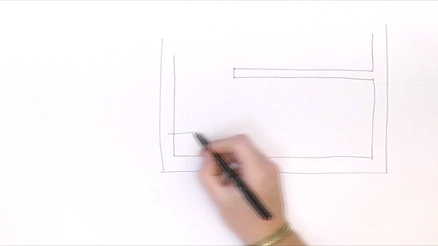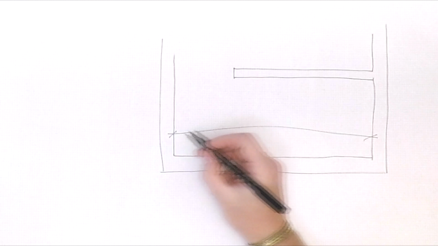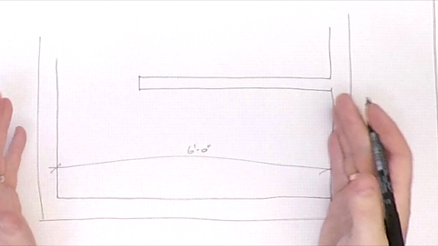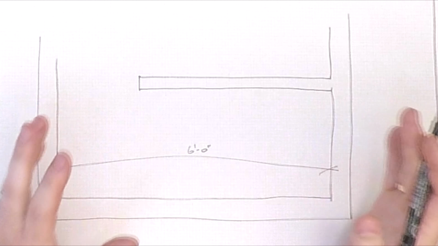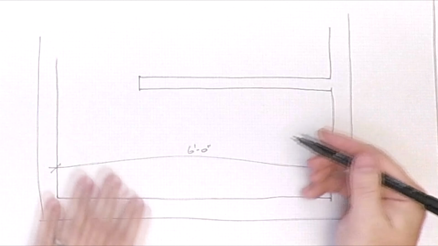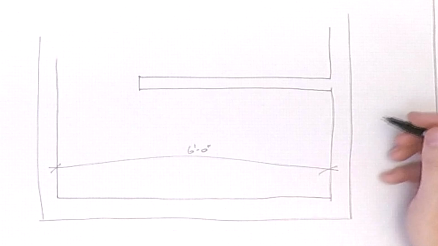The overall length of the shower, so that water doesn't splash out, needs to be a minimum of 6 foot, and that's framing to framing. 6'6" is a little bit better. Anything past that is fine, but 6 foot would be your minimum for your length.